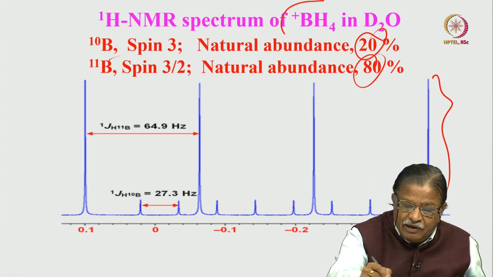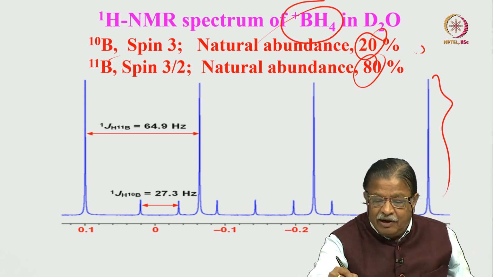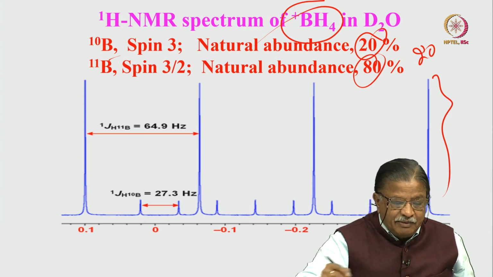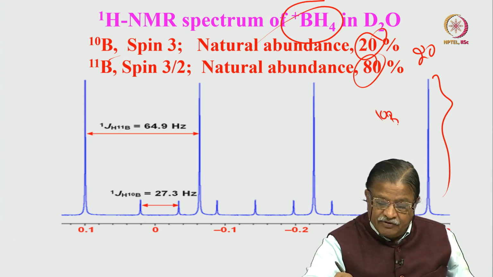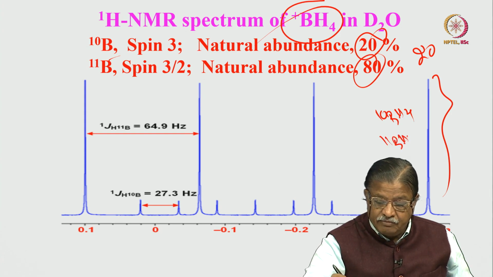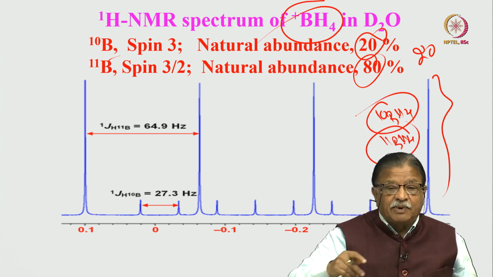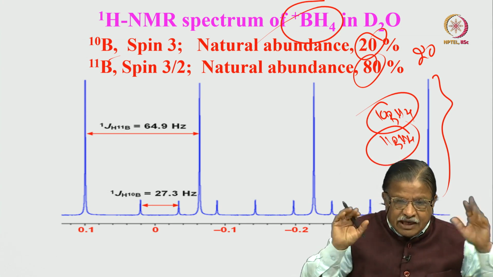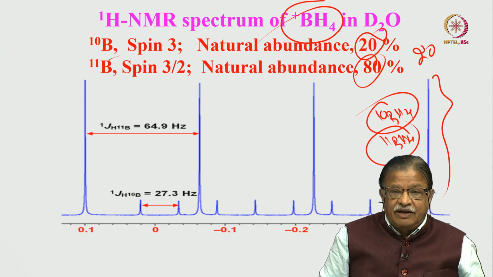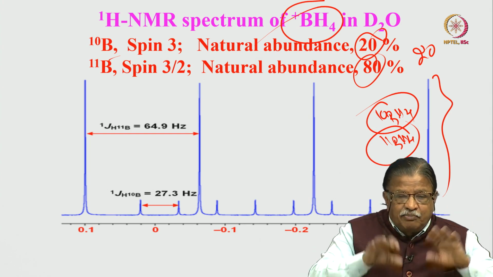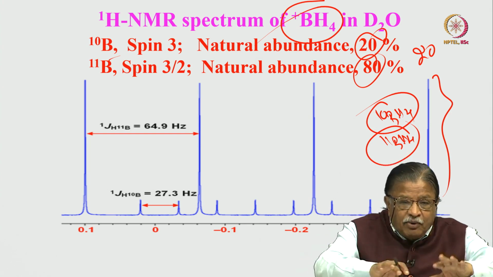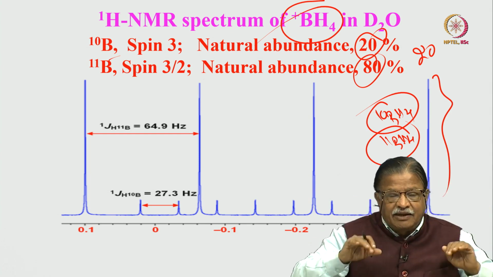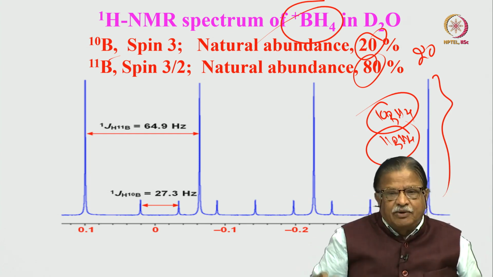If I take 100 molecules of BH4, 20 molecules are 10BH4 and 80 molecules are 11BH4. Both isotopomers are present. You understand? As a consequence, in this proton spectrum, coupling of both boron 10 and boron 11 will be present. It is the overlap spectrum of both molecules.